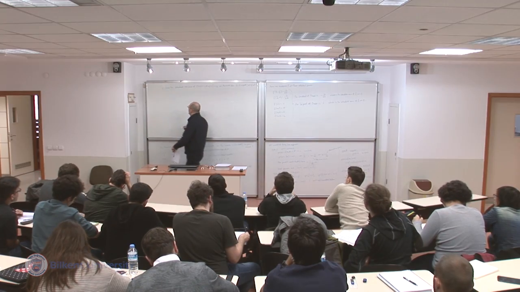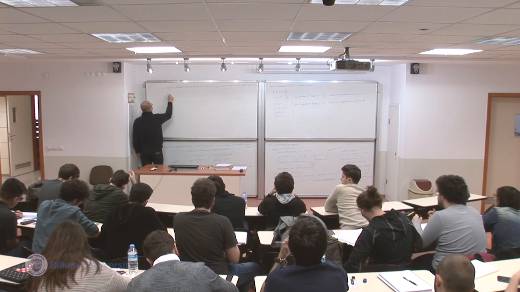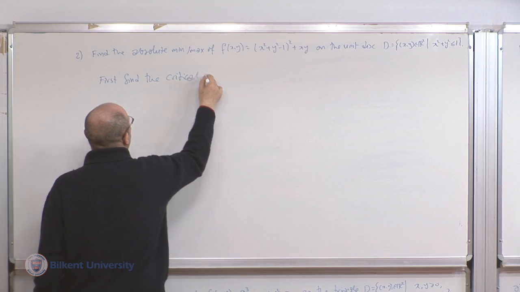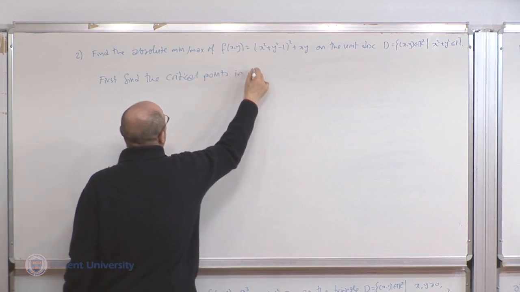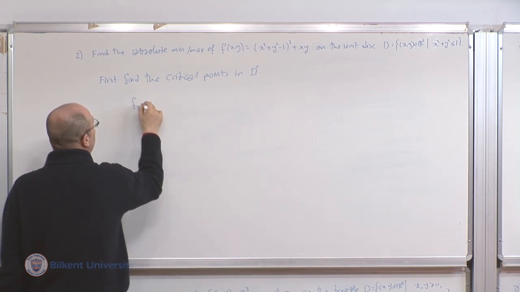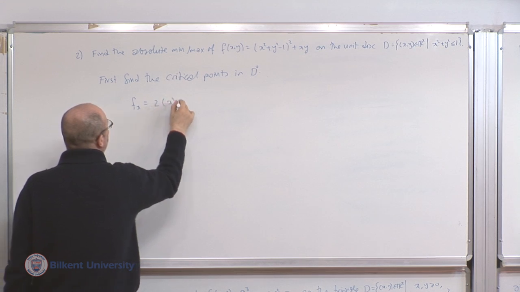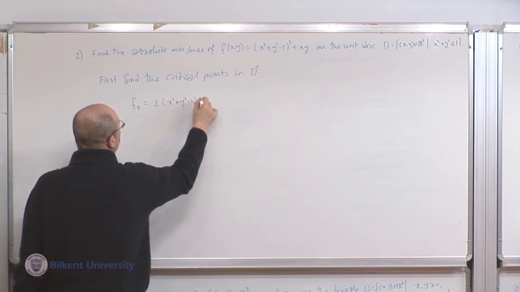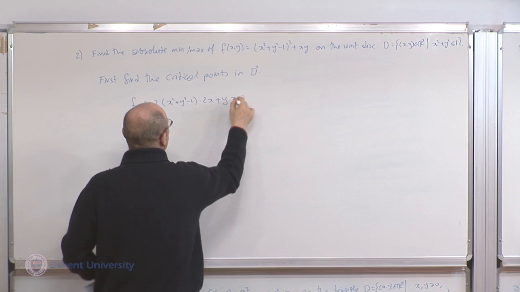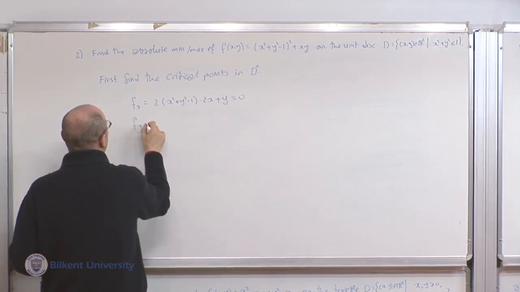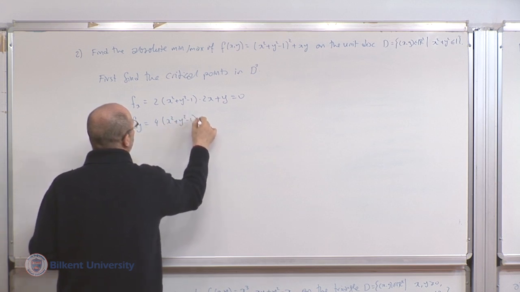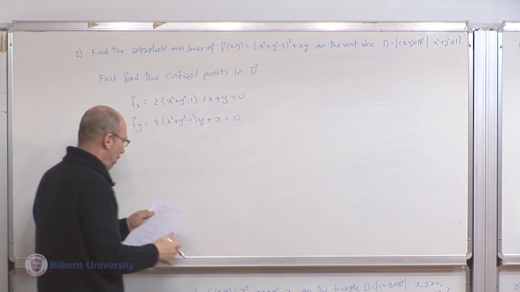Okay, so first find critical points in the interior. For this function, I take fx equals 4x times (x squared plus y squared minus 1), plus y, equals 0, and fy is the same thing: 4y times (x squared plus y squared minus 1), plus x, equals 0.